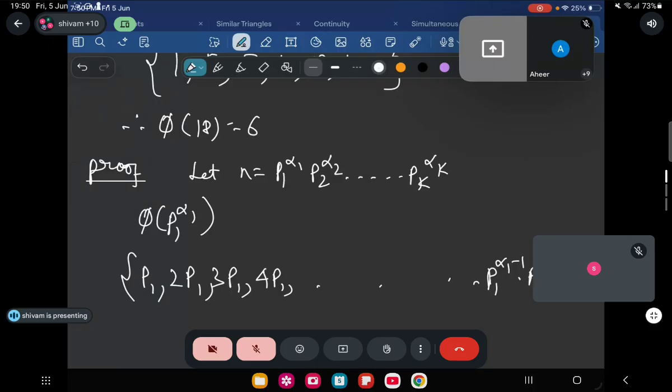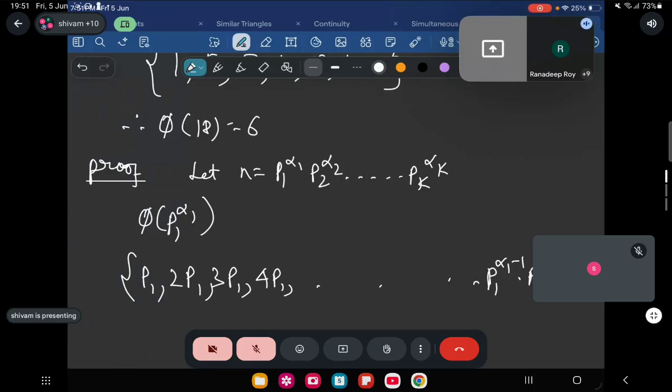Can someone tell me how many integers I have written in this set? So the last one is p1 to the power alpha 1 minus 1 into p1.